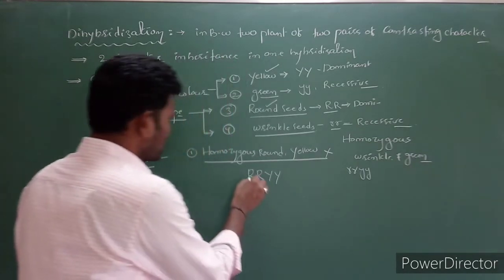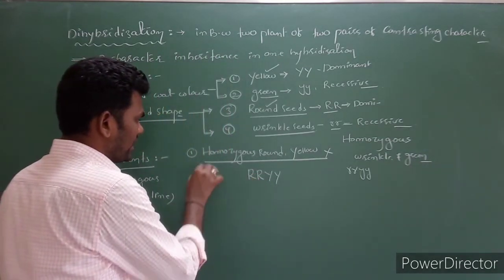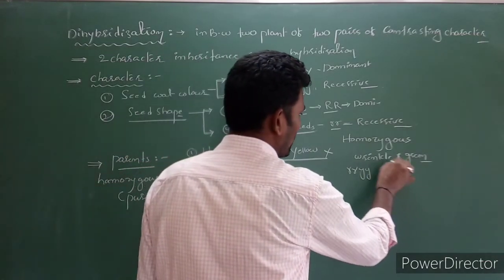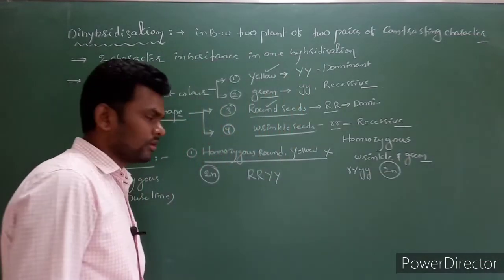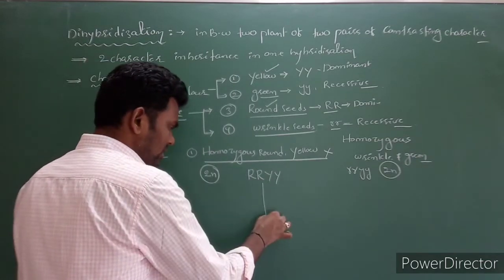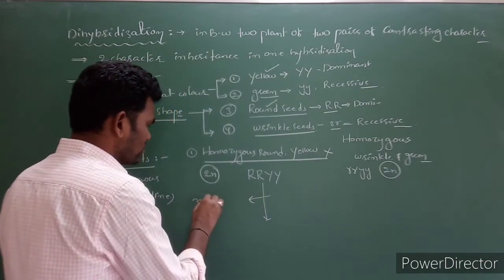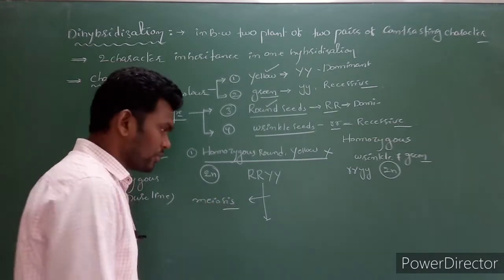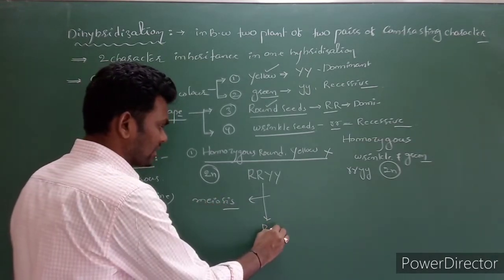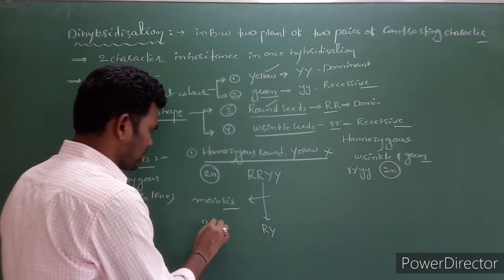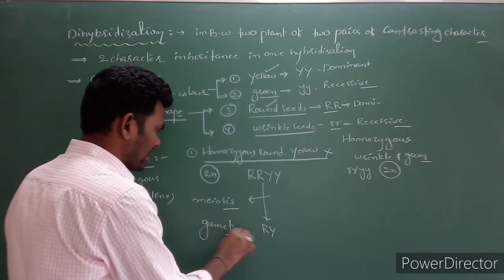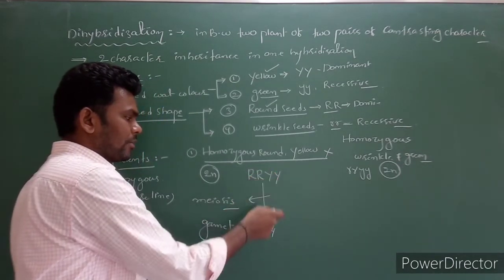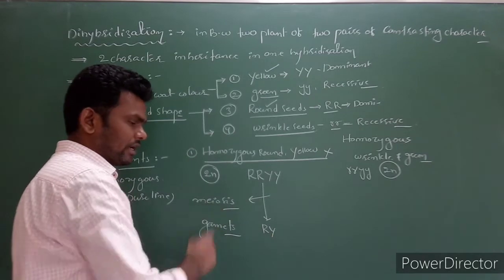Next, this is a diploid somatic cell, and here also a diploid somatic cell. These diploid somatic cells undergo meiosis division to produce haploid gametes, capital R, capital Y. Simply, diploid cells become haploid cells during meiotic division.